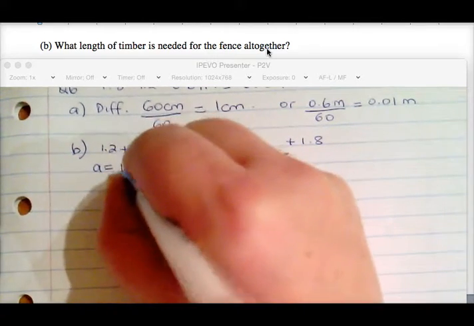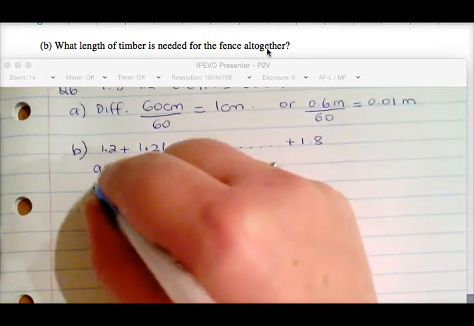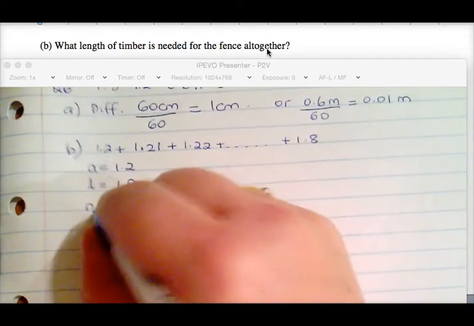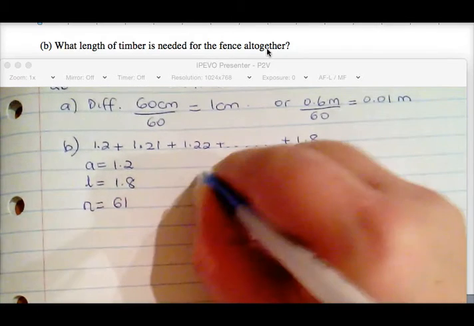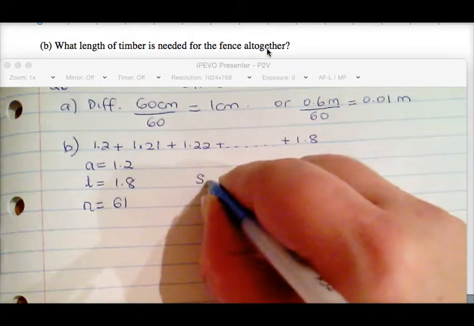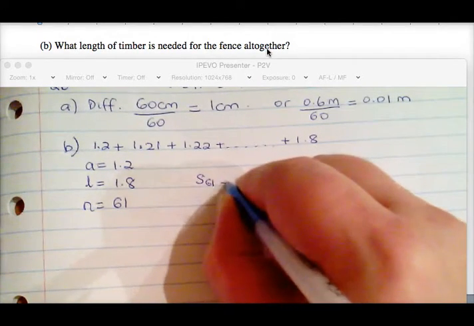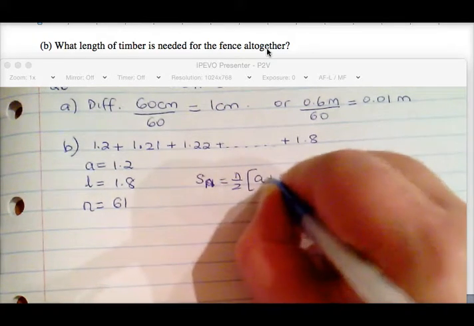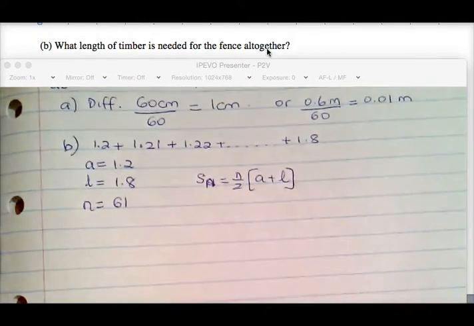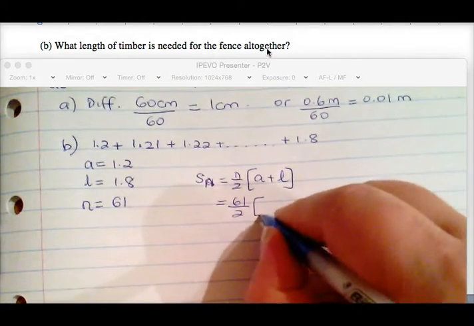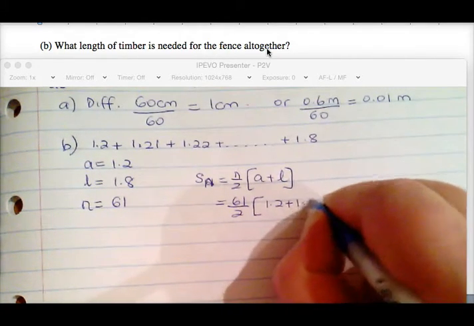So a in this question is 1.2, l, the last term, is 1.8, and n, the number of pieces of timber, is 61. So therefore the total length of timber needed for the fence is the sum of these 61 terms, which is the formula Sn equals n on 2 times (a plus l), or you could use the formula Sn equals n on 2 times (2a plus (n minus 1)d). So it's 61 over 2, a is 1.2 plus l is 1.8.